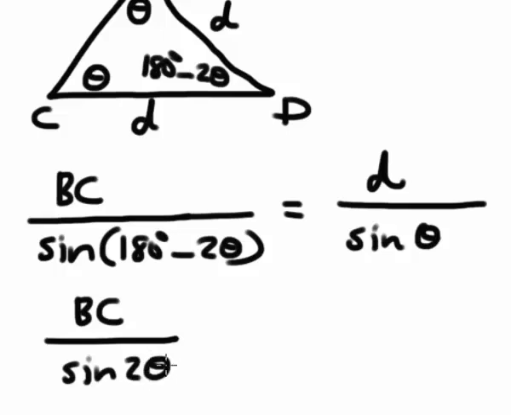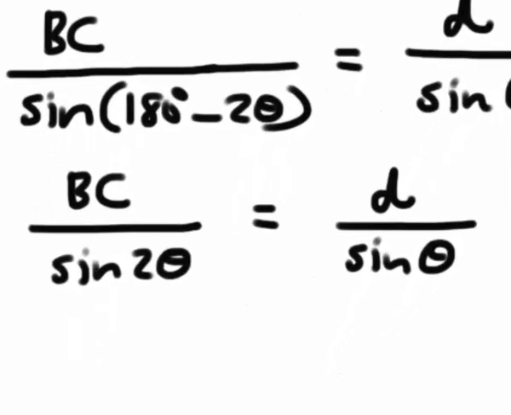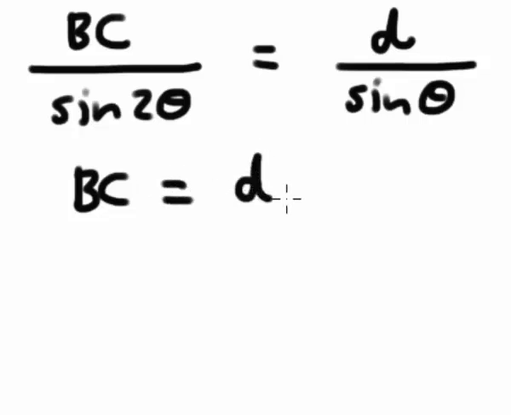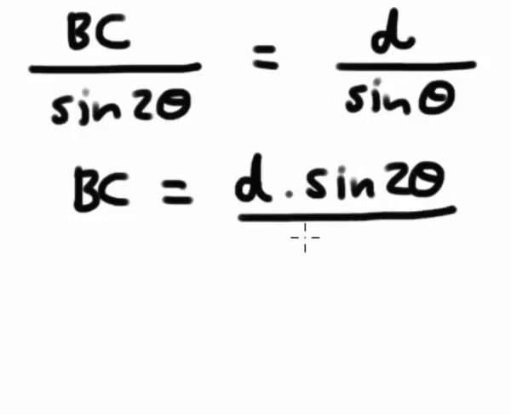You can reduce it, equals d over sine of theta. Now all you've got to do is multiply both sides by sine 2 theta. So BC would then be d multiplied by sine of 2 theta, divided by the sine of theta.